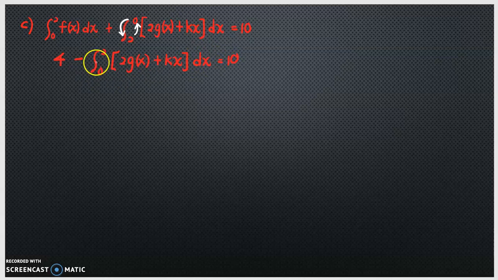Next, I will separate into 2. So we have to be careful with the negative. So here will become 4 minus integrate from 0 to 2, 2g(x) dx. Negative, positive will become negative. Integrate from 0 to 2, kx dx is equals to 10.